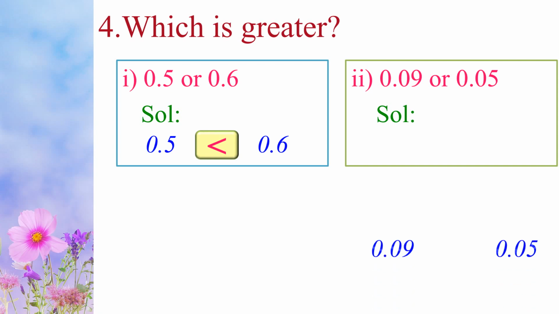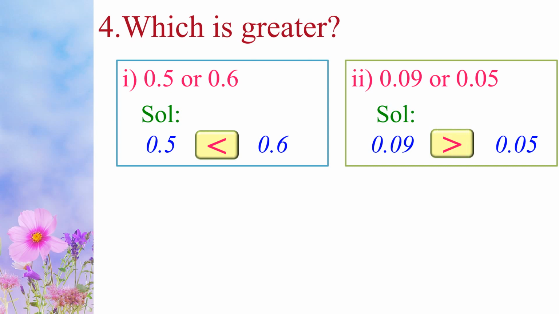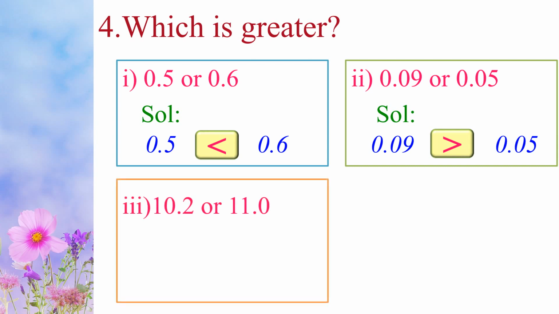Here the whole part is the same. By comparing the decimal part, we get 0.09 is greater than 0.05. Third one, 10.2 or 11.0. By comparing the whole part, we get 11.0 is greater than 10.2.